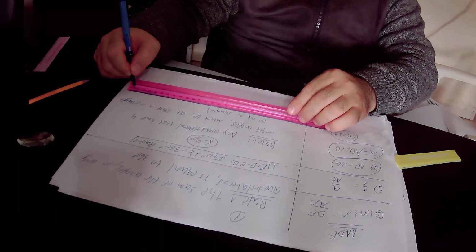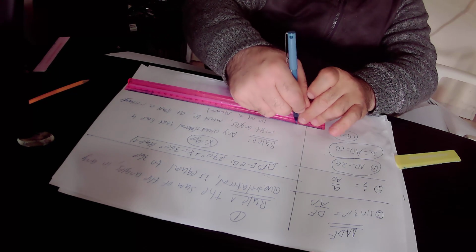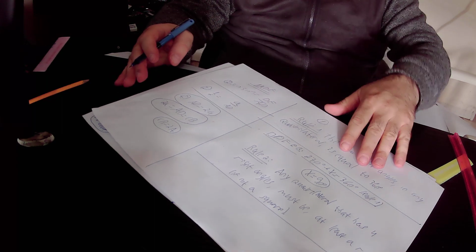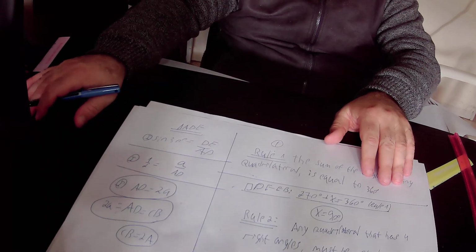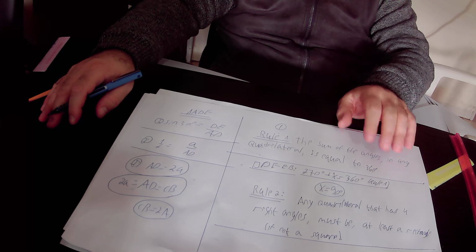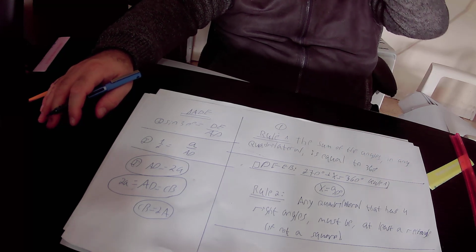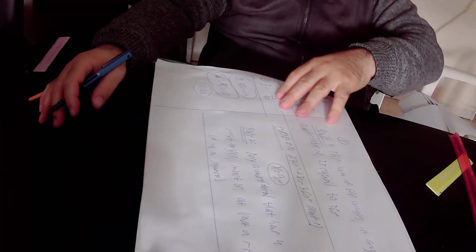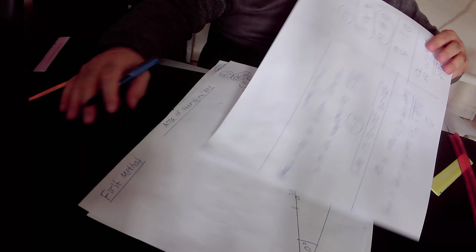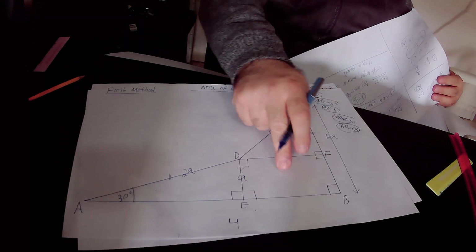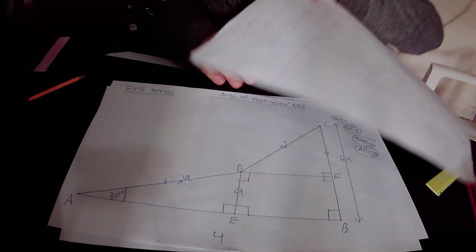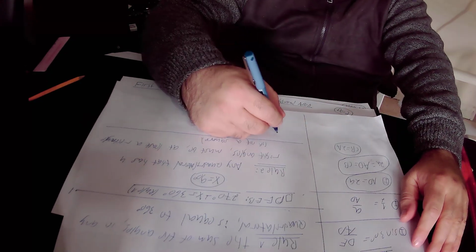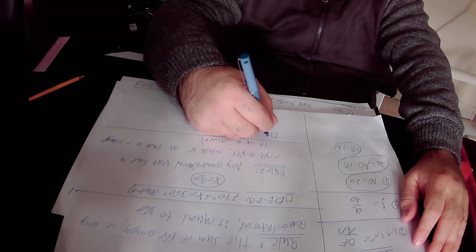So I will read rule number 2 again. According to rule number 2, any quadrilateral that has 4 right angles must be at least a rectangle, if not a square. So because quadrilateral DFEB has 4 right angles, we will relate to quadrilateral DFEB as a rectangle.